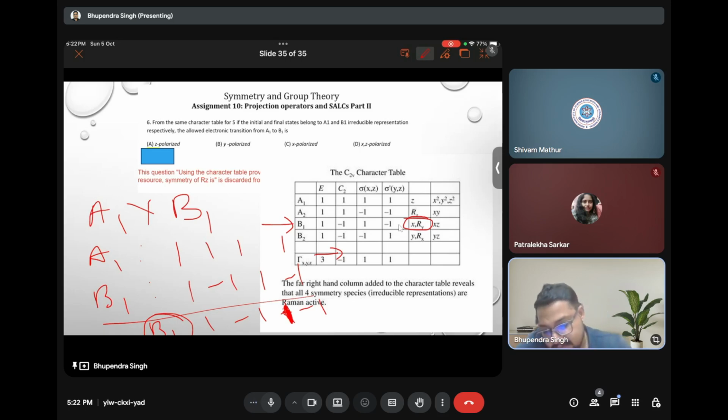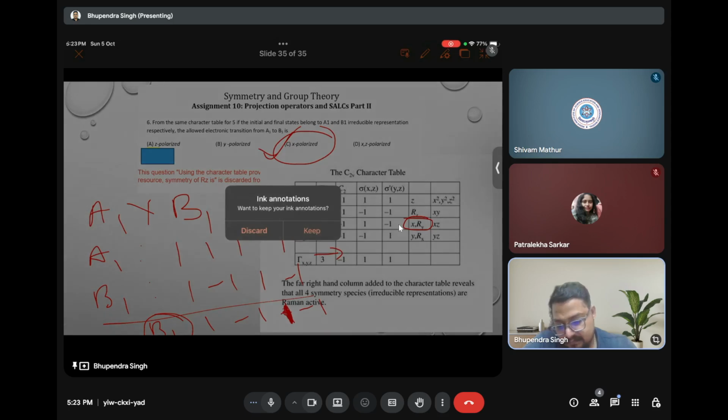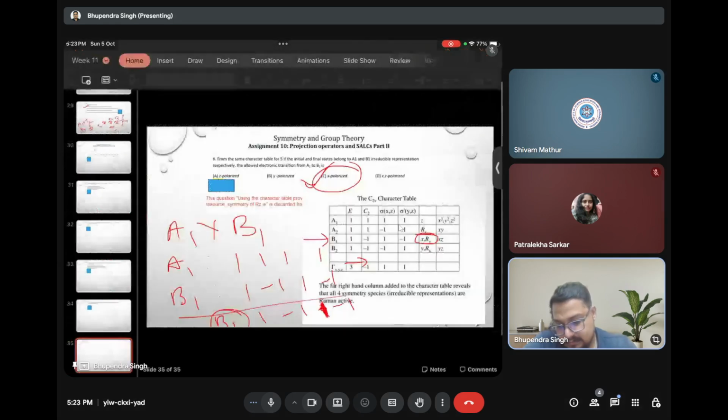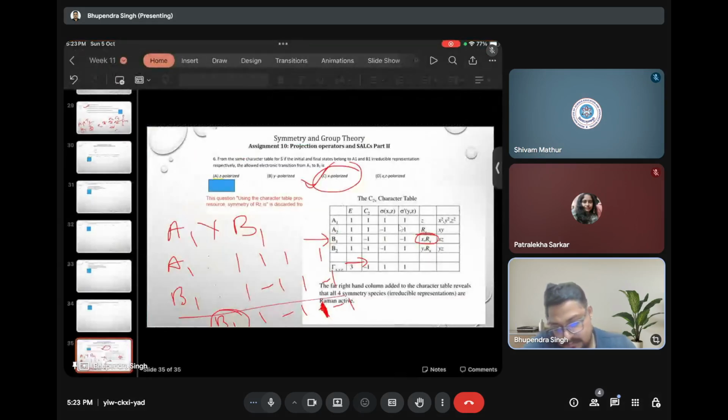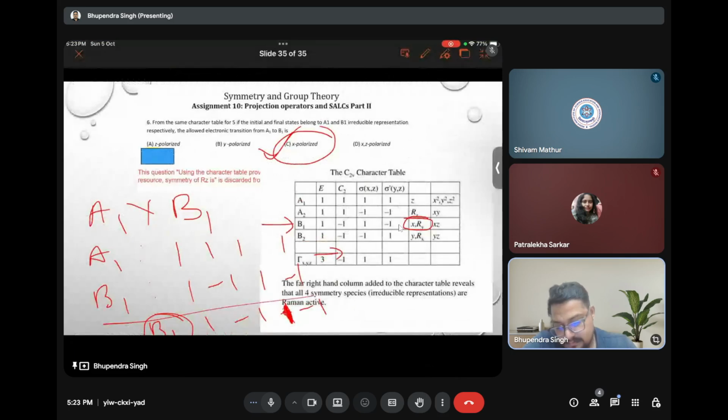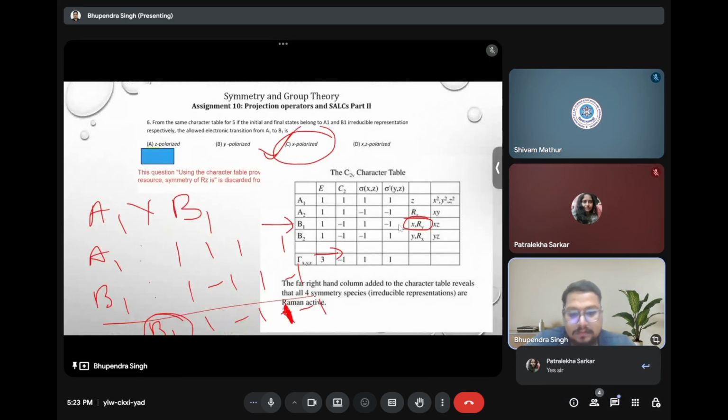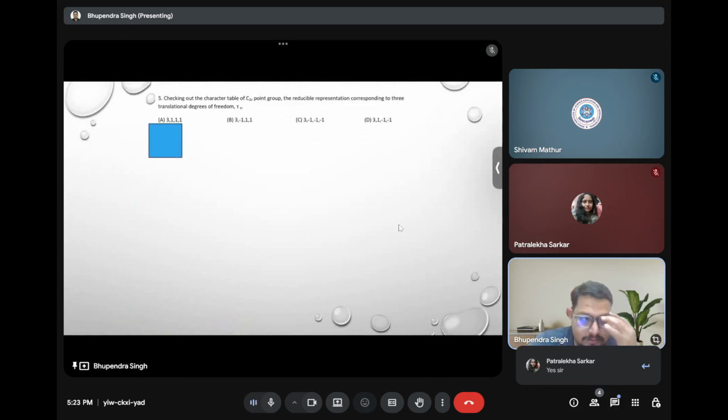So the answer should be x polarized light. Okay, is it okay? Yes, sir.